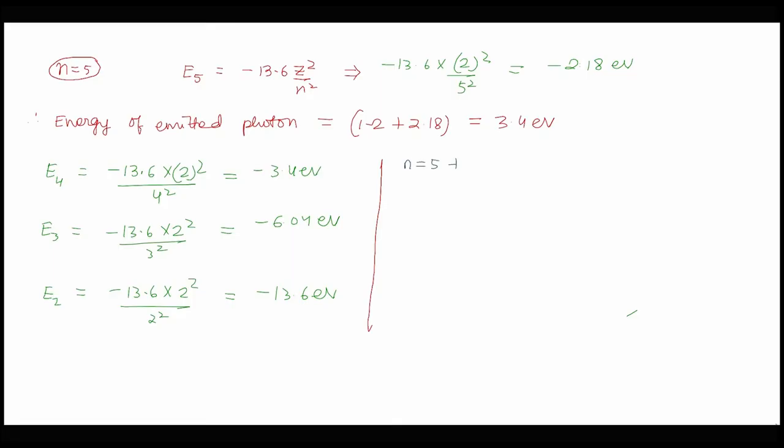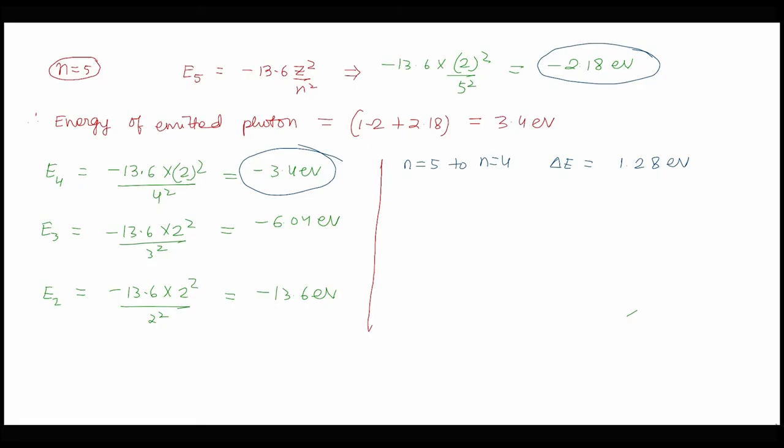The value is delta E equal to minus 2.18 minus of minus 3.4, and on subtracting we obtain 1.28 electron volt.